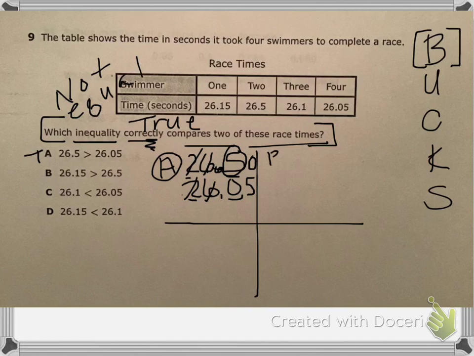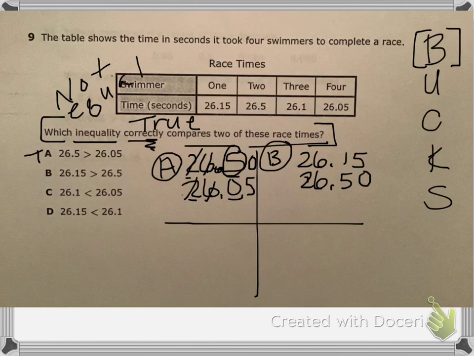So then I'm going to move to B. B has 26 and 15/100, 26 and 5/10. So we're just lining them up by decimal point to make it easier to compare. So B says that 26 and 15/100 is greater than 26 and 5/10. So let's check it out.